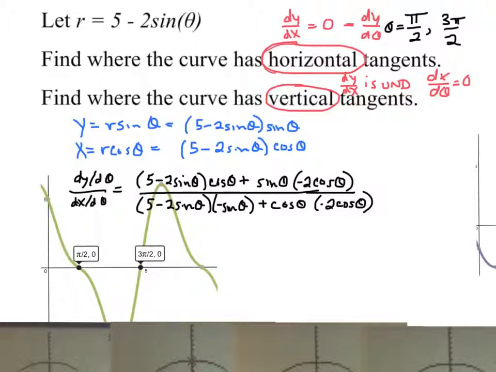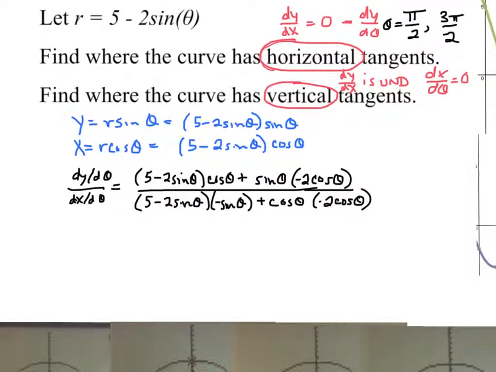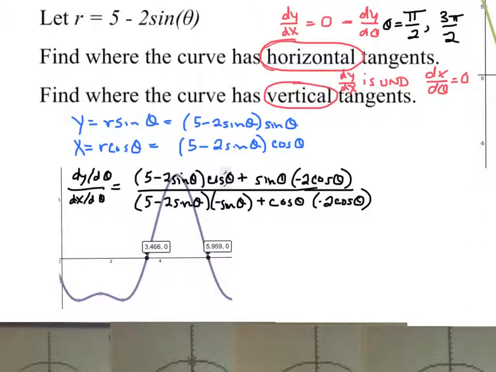So then I graphed dx d theta. Here that is. There's dx d theta. And not quite as clean answers maybe, but you can see what makes that 0 is 3.466 and 5.959.